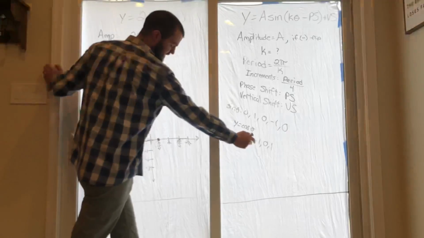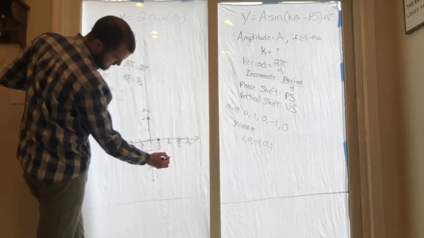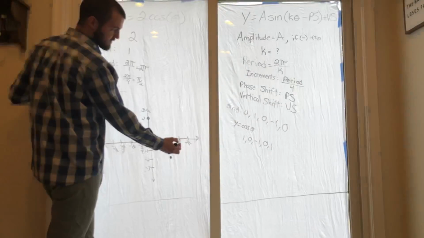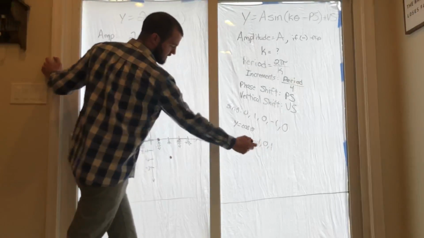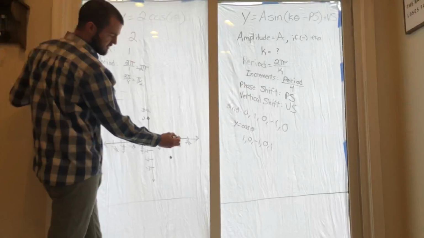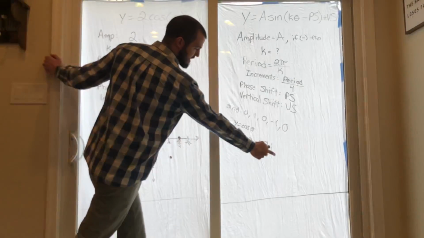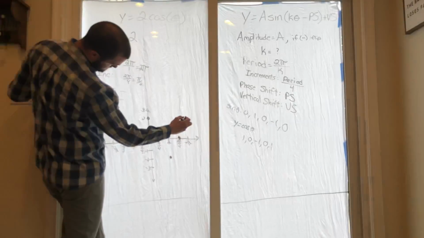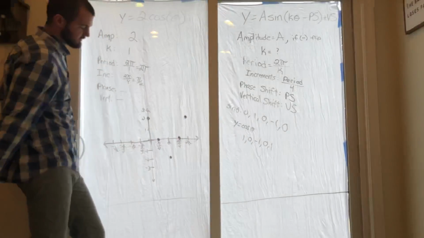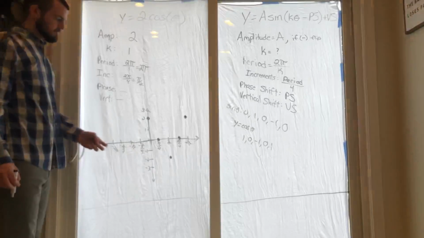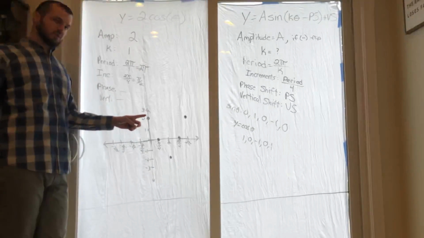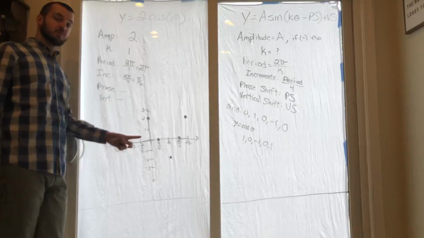At pi, it's negative 1 times 2, negative 2. 3 pi over 2, 0 times 2 is 0. And at 2 pi, you're coming all the way back around again. It's 1 times 2 is 2.